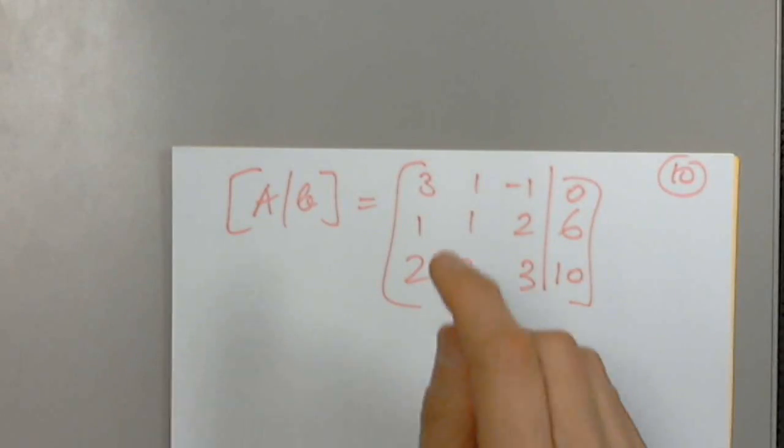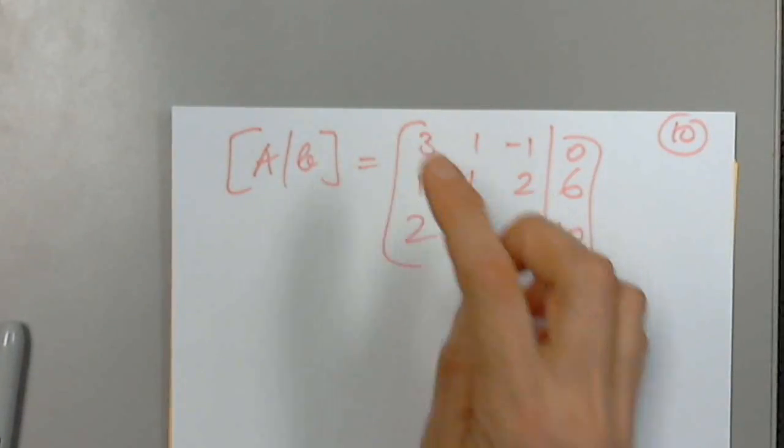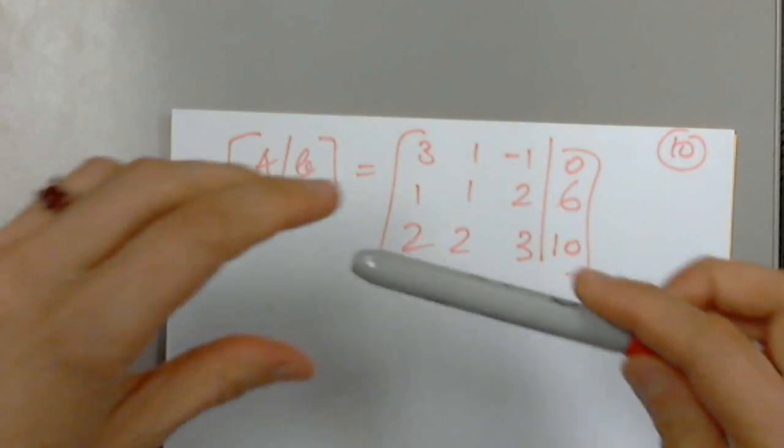So my first step is to get a 1 in here. So how do I do that? What is the simplest possible way to get a 1 in here? No, exactly.